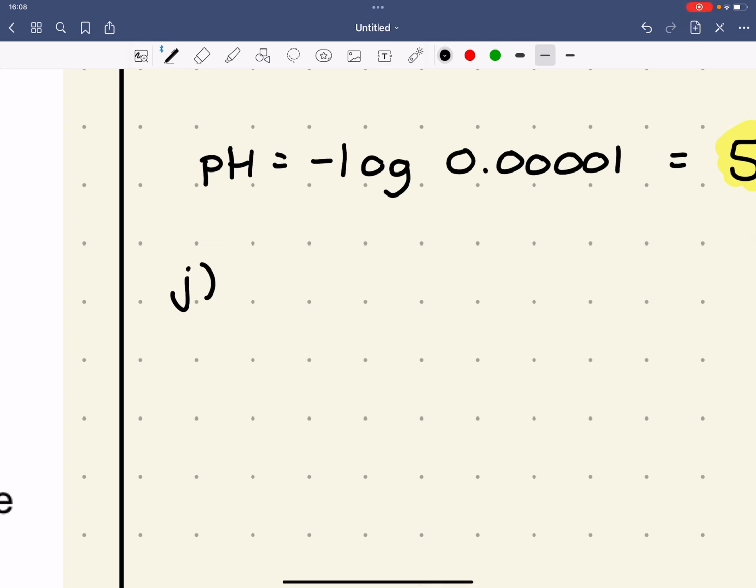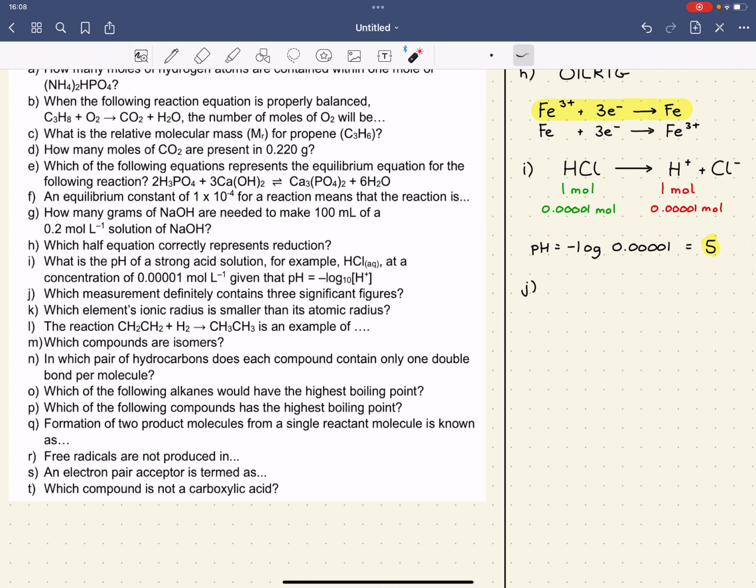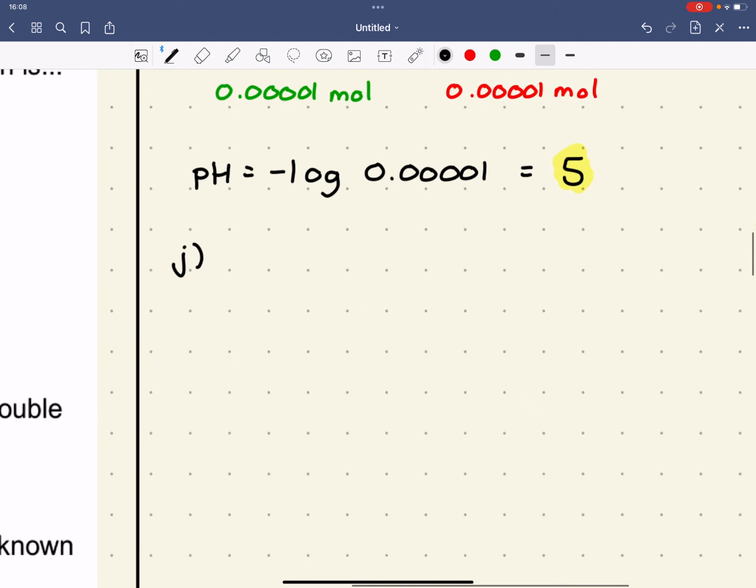Okay, part J, or question 10, which measurement definitely contains 3 significant figures? So that's what part J said. Or question 10, we're looking at this. Which measurement contains 3 significant figures? And we're given 4 options.